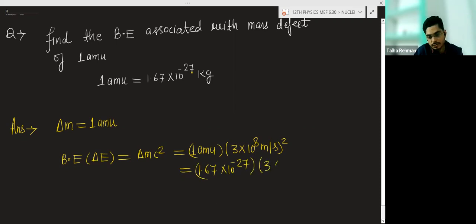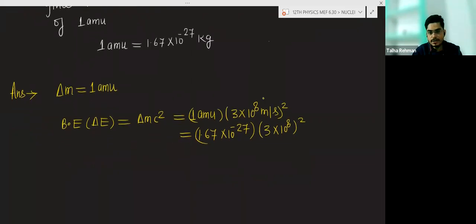Now we will convert this value into electron volts. In 1 joule, there are 1.6 into 10 to the power 19 electron volts.